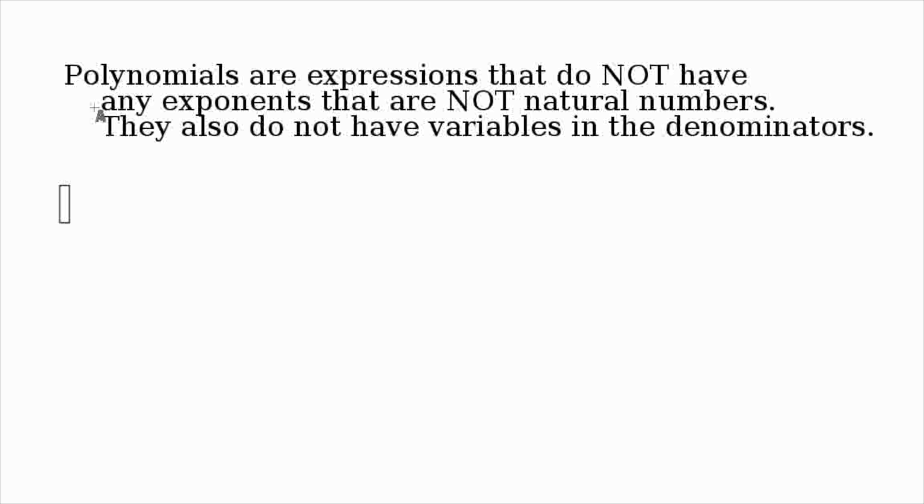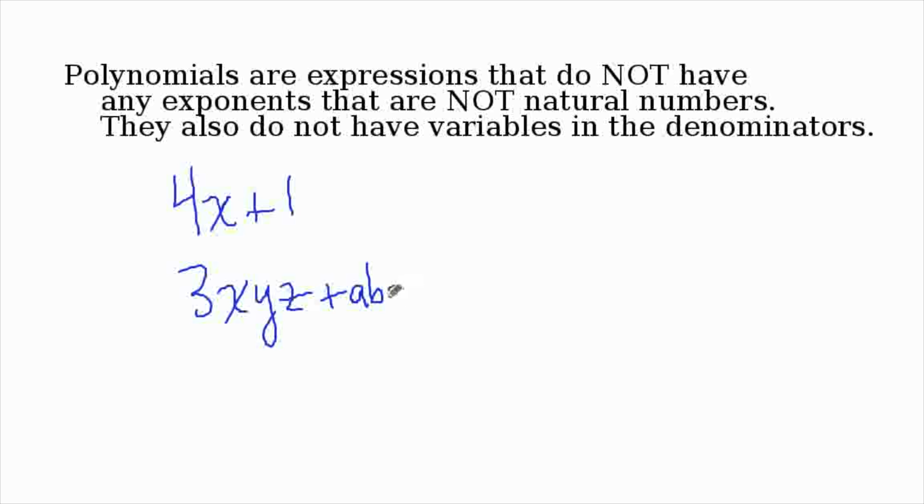So let me give you some examples of polynomials, and let me give you some examples of expressions that are not polynomials. 4x plus 1. All right, there is no exponents, or you might say there's an explicit exponent of 1, so that's a natural number. I'm not dividing by variables, so that one works. 3xyz plus abc. It's okay to multiply by several variables. Again, I don't have any weird exponents and no division.